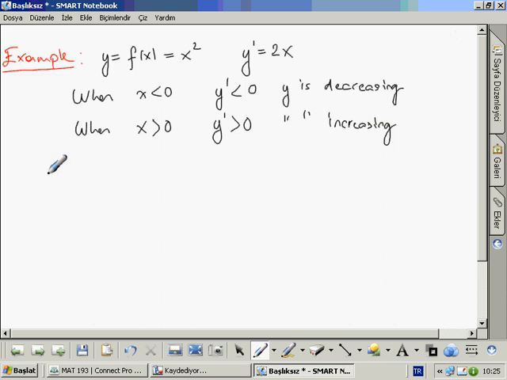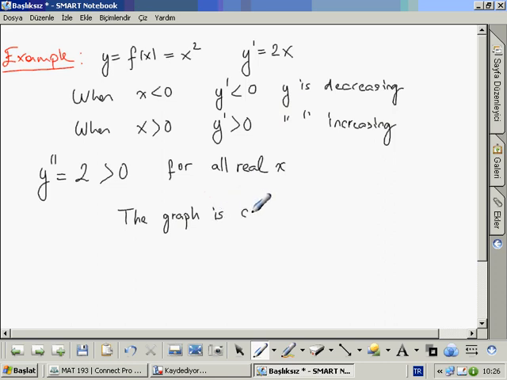And what about y double prime? It is equal to 2, so it is larger than 0. What can we say about it? It is so for all real x, so the graph is always concave up.